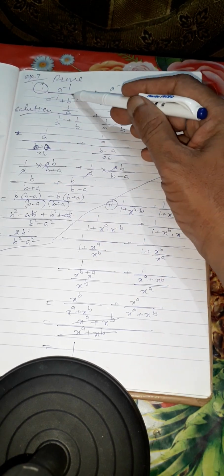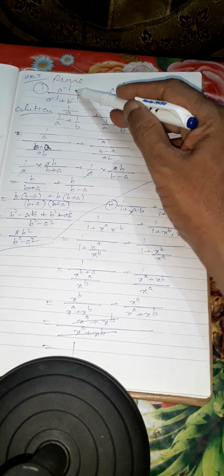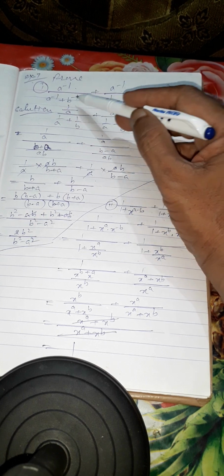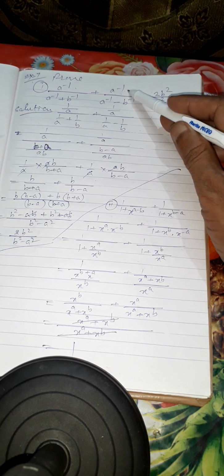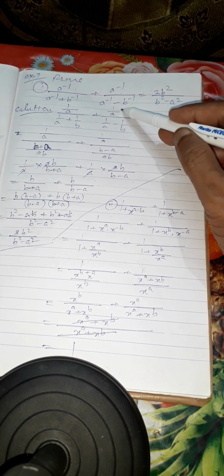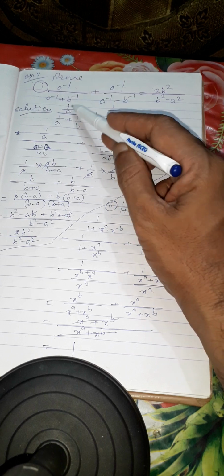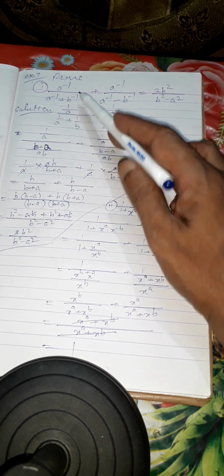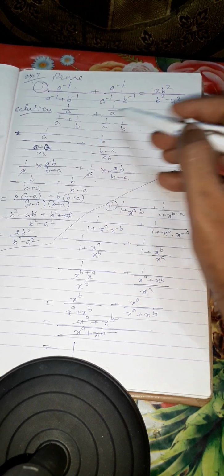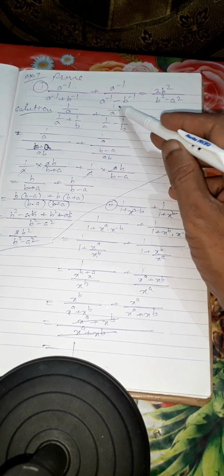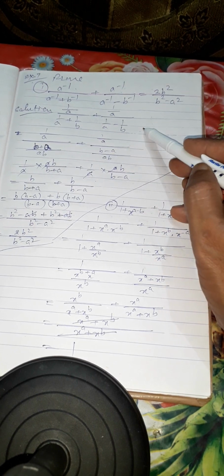Example number 7, prove that a^(−1) upon a^(−1) b^(−1) plus a^(−1) upon a^(−1) minus b^(−1). A to the power minus 1, inverse of it, is 1 upon a, so it is 1 upon a plus 1 upon b, plus 1 upon a minus 1 upon b.